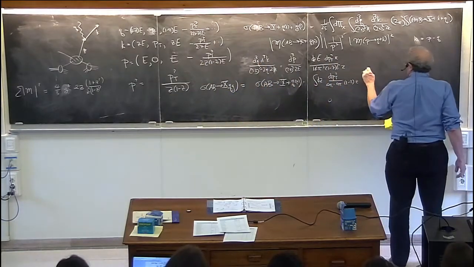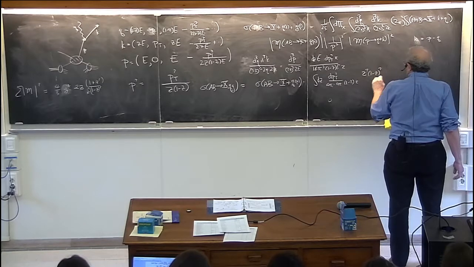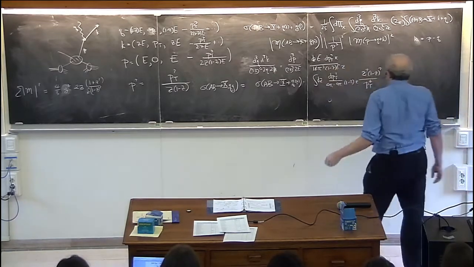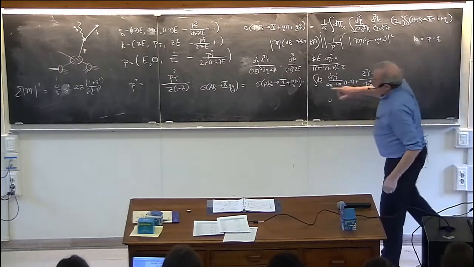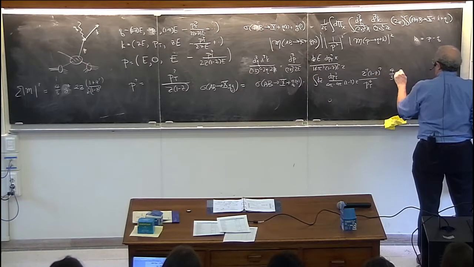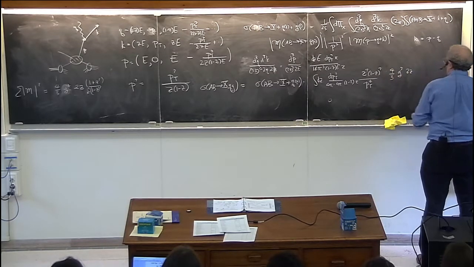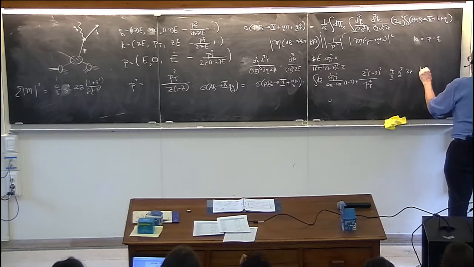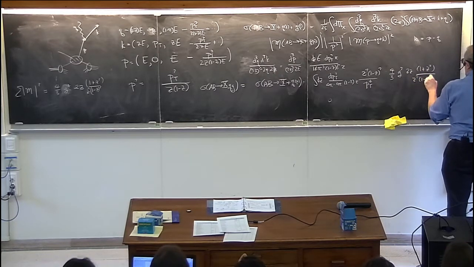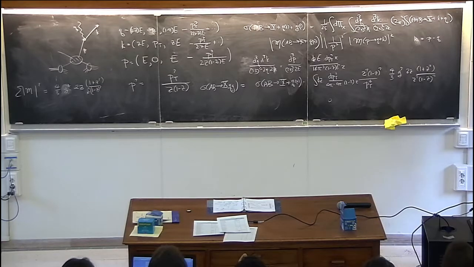So that's going to give us z squared times 1 minus z squared divided by pt to the 4th. Then there is the matrix element that I've written on the far side of the blackboard, 4/3 g squared 2z and 1 plus z squared over z squared 1 minus z squared. And now you see this whole thing is simplifying extremely nicely.